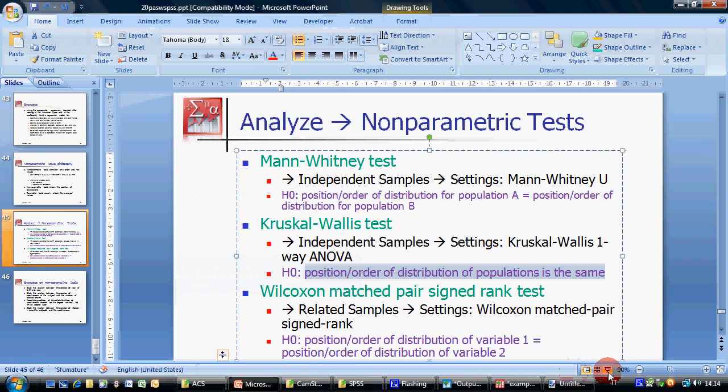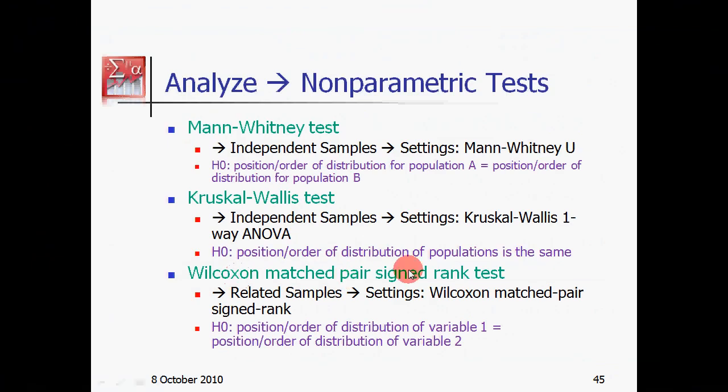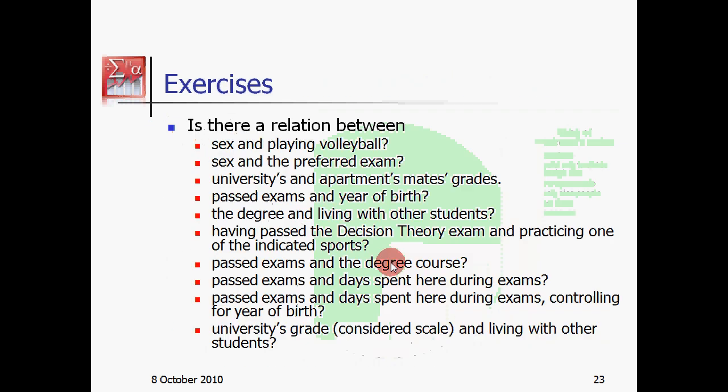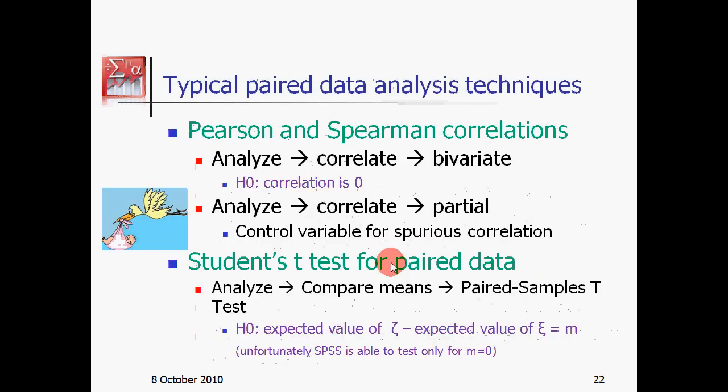The last test that we are going to analyze today is the Wilcoxon matched pair signed rank test, which is the exact non-parametric alternative to this one, student test for paired data. So you have data which are paired.